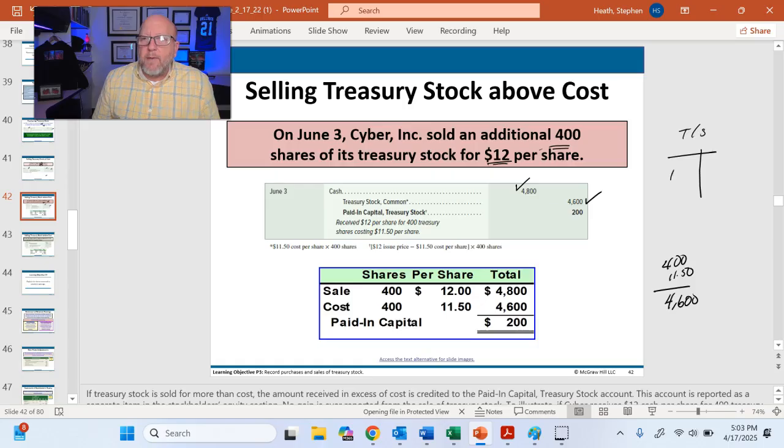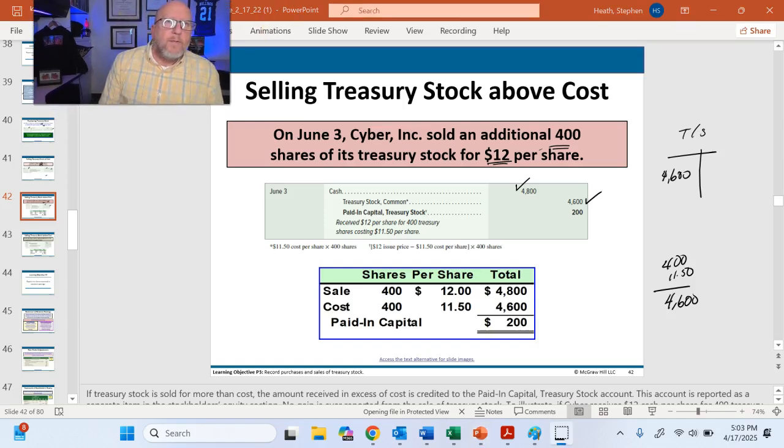So I'm going to credit 4,600 for treasury stock, because treasury stock is a contra asset account.